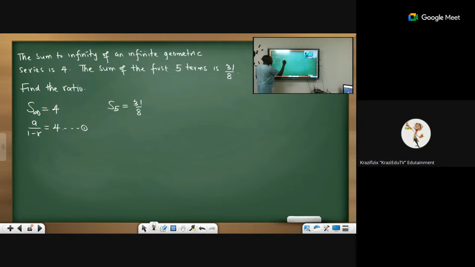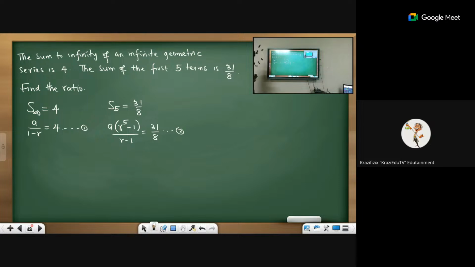Let's write the formula: A(R to the power n minus 1) over R minus 1 equals 31/8. But I know my n. What's my n? 5. So it's a matter of now trying to play around and working out mathematics. Equation 1 and equation 2. Guys, do you notice I have moved from English now to maths? Let's try to solve together.